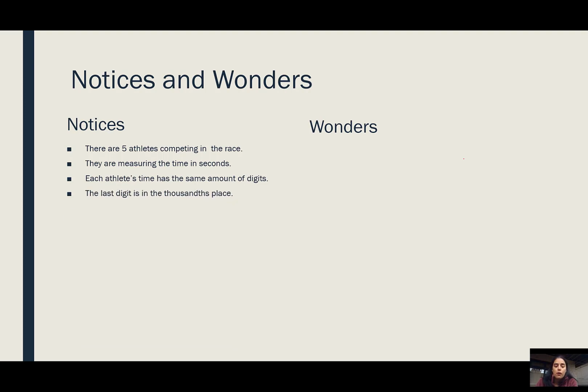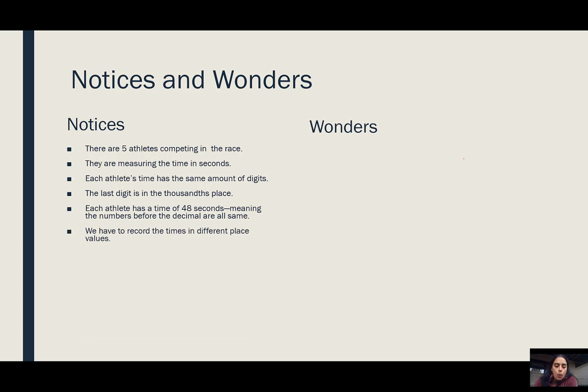The last digit for all of the athletes is in the thousandths place. Each athlete has a time of 48 seconds, meaning the numbers before the decimal are all the same.